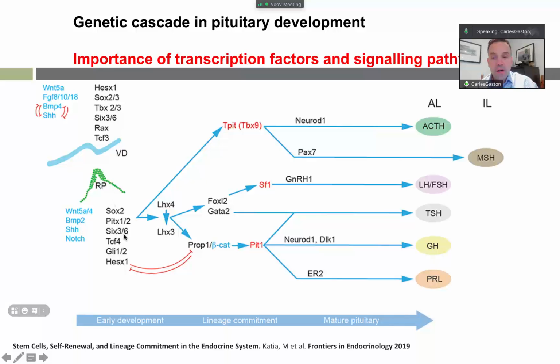These genes will tell these cells to stop being progenitors and stem cells and to start differentiation, and will take 3 different lineages which will give the future hormone producing cells. So the main genes that you need to know are TPIT or TBX19, SF1 transcription factor, and PIT1.